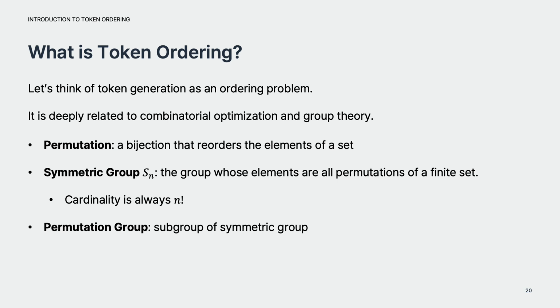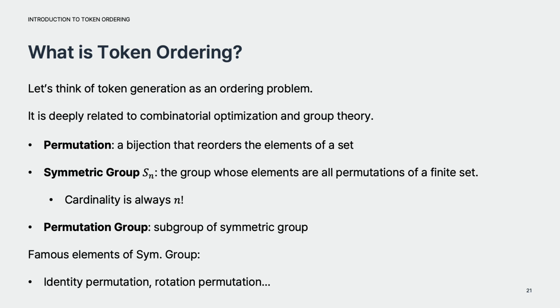Finally, subgroups of symmetric groups are called permutation groups. Famous elements belonging to permutation groups include the identity permutation and rotation permutation. In this seminar, the important element is the identity permutation, which for any sequence returns the sequence in the same order.